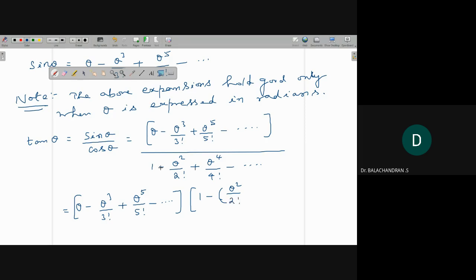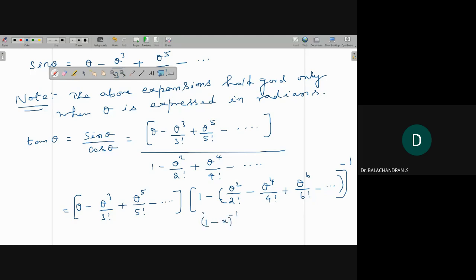If I take minus commonly, here minus theta power 4 by 4 factorial, and then plus theta power 6 by 6 factorial, and then minus and so on. Close this bracket and then close the square bracket, and then I will write whole power minus 1. So now I am going to use here the 1 minus x whole power minus 1 formula.